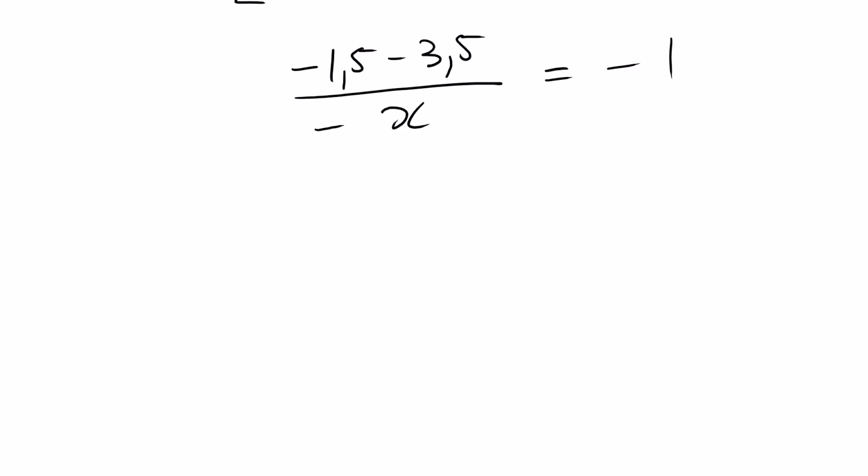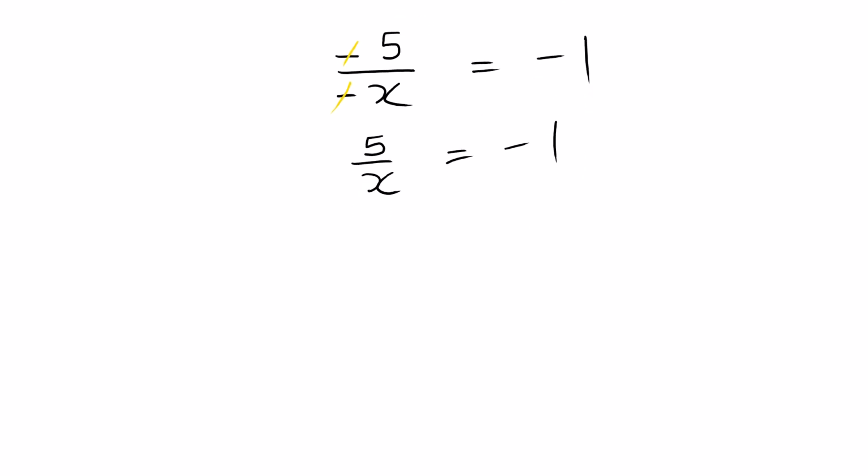-1.5 minus 3.5, the answer is -5 all over -x is equal to -1. This will simply cancel each other, so we have 5 over x is equal to -1. In this case, the term which causes the fraction is x, so we multiply both sides by x. This will result into 1. 1 multiplied by 5 is 5, it's equal to negative 1 multiplied by x, it's negative x.